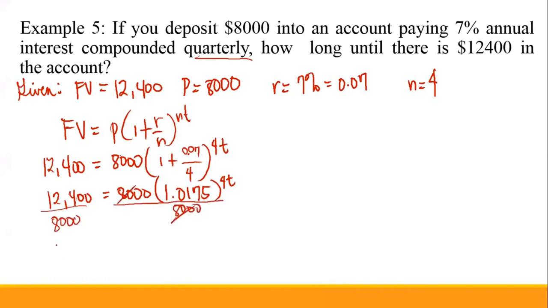So, this is equal to 1.55 equals 1.0175 raised to 4t. Okay, so take again the logarithm of each side. Then use property 5 to rewrite the problem as multiplication.